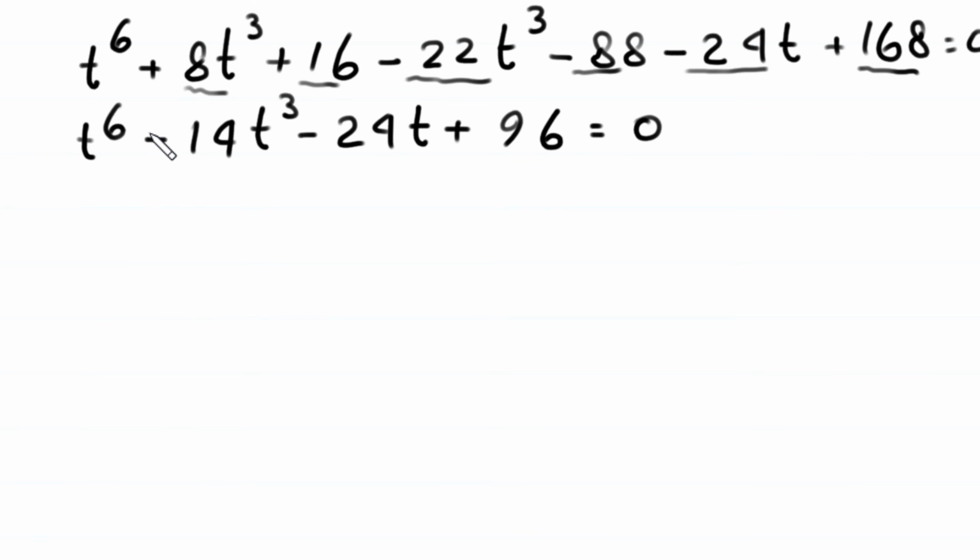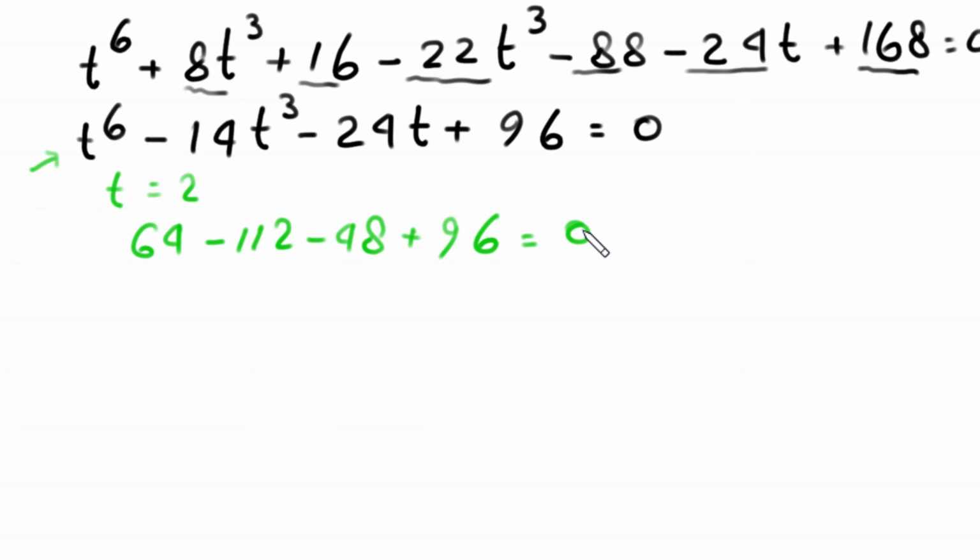Now in this equation, if we check t is equal to 2, then 2 to the power 6 will be 64, and 2 cubed is 8. 8 times negative 14 will become negative 112, and 2 times negative 24 will become negative 48, plus 96 equals 0. 64 and 96 will become 160.